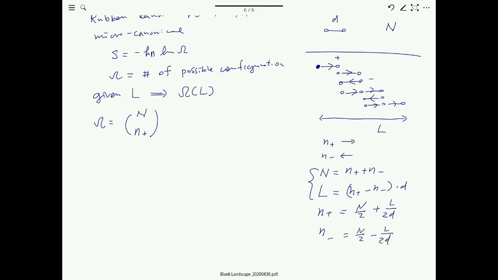So that means if I fix the capital N and the capital L, then I determine n plus, right?